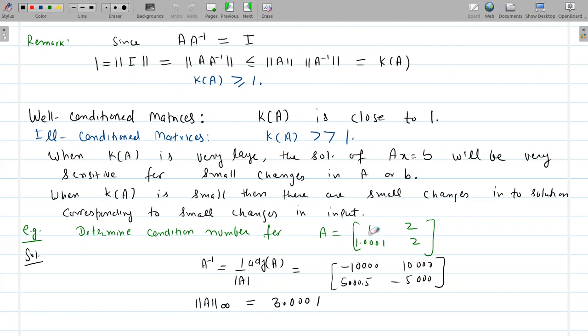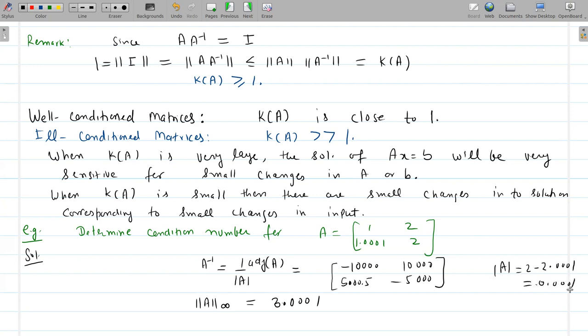And you can compute determinant of A. So how much will the determinant be in this example? Determinant of A would be 2 minus 2.301, so that is 0 point minus 0.001.